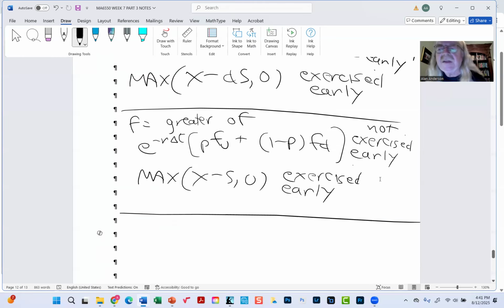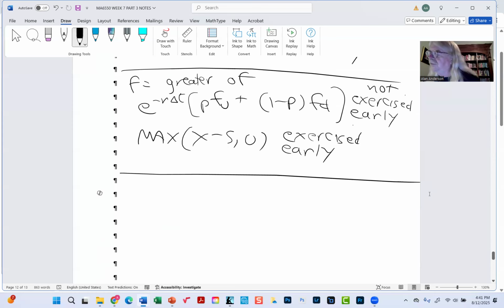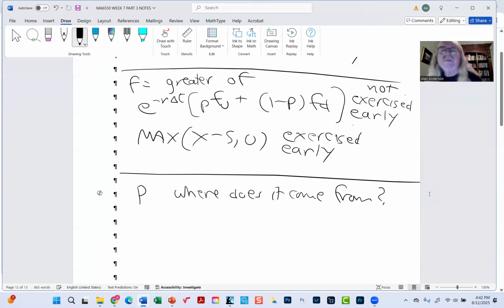Now, what I'd like to do, maybe not right now, maybe in the next session, before we go on to something else, is give you a brief discussion about where P comes from. This is an important detail. The probability itself is extremely important in option pricing theory. It underpins the logic behind all derivatives pricing when you come right down to it. So I'd like to take a bit of a detour and discuss where this comes from. And I'll give you a hint, it has something to do with arbitrage.